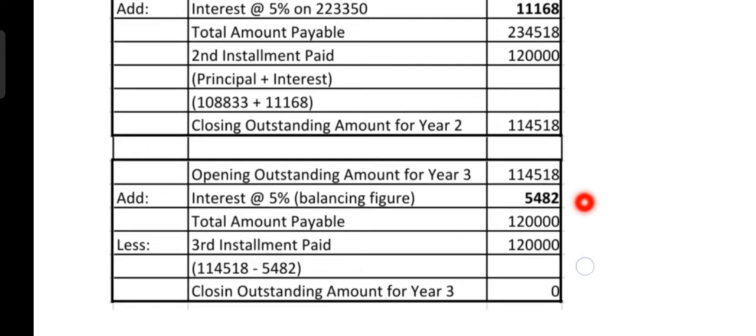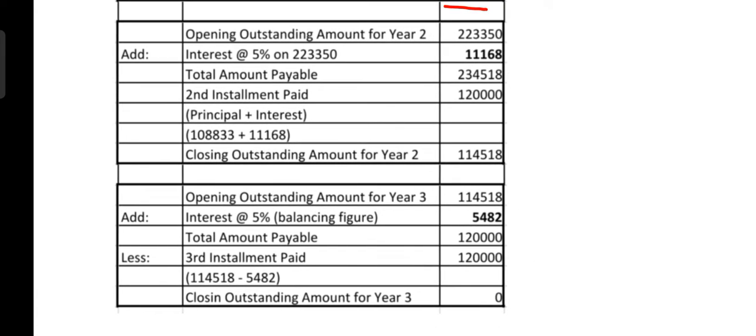That's why, at the end of the installment period, for the calculation of interest at the last time, you are going to take the opening outstanding amount and the total amount payable, that is 1,20,000, the final installment amount. If you deduct the opening outstanding amount from 1,20,000, you get 5,482. That should be considered as interest, and no actual calculation you are going to make at this particular stage.